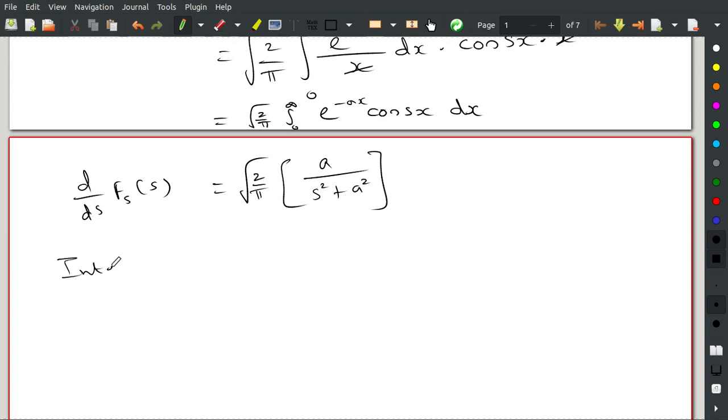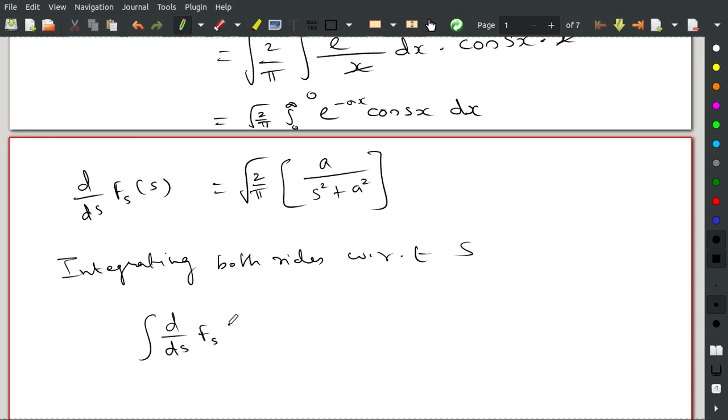Upon integrating both sides with respect to s, we have integral of d by ds of f of s equals root 2 by pi integral a divided by s square plus a square into ds.